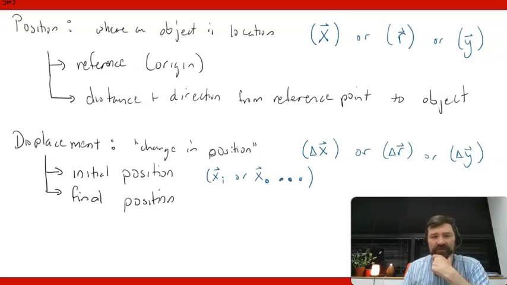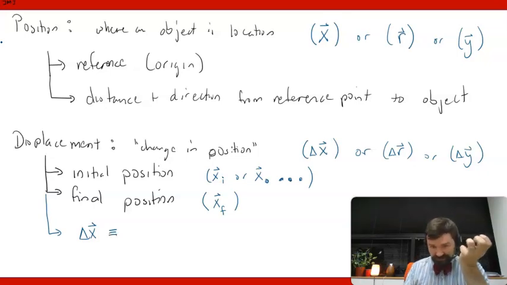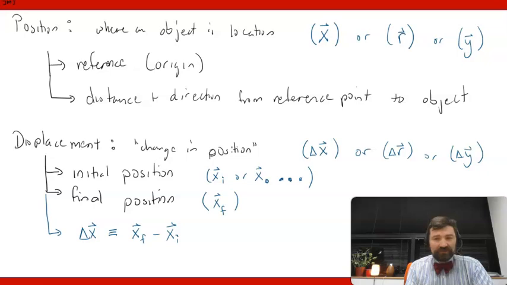The final position would just be an X with a final attached to it, or R final, Y final, what have you. And so your displacement equation might be given by delta x is equal to, and really it's defined by, so I can put 3 bars to mean it's defined by these two things: your final position minus your initial position. So again, the triple bar equal sign means defined as opposed to just simply equal to.